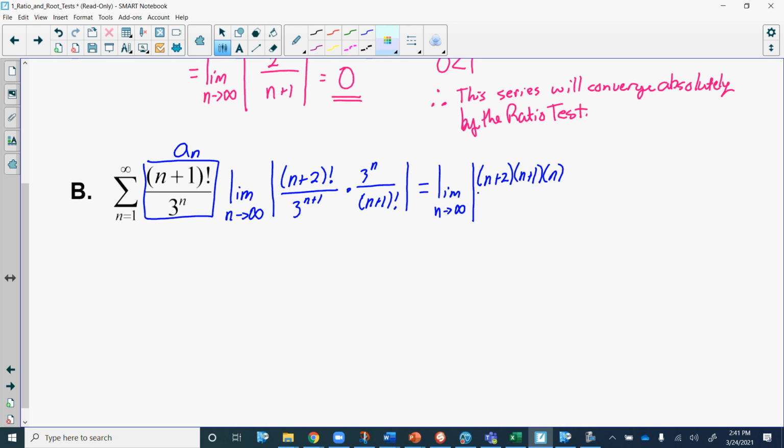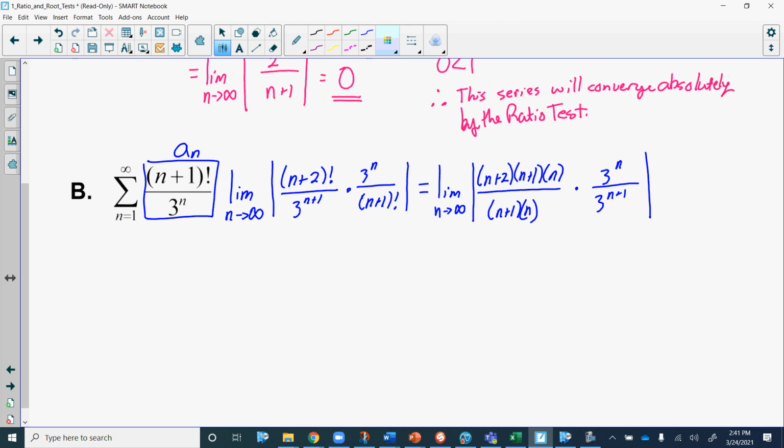And n plus 1 factorial is the same thing as n plus 1 times n factorial. And then of course we have the 3 to the n power over 3 to the n plus 1 power.